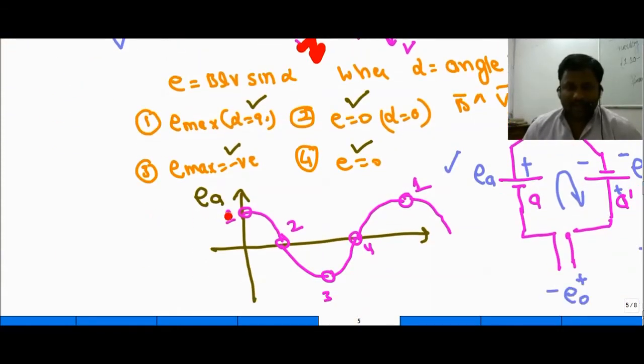So in conductor A, location 1 has the maximum induced EMF, 2 is 0, 3 is maximum but negative, 4 is 0, and at 1 again it is maximum.